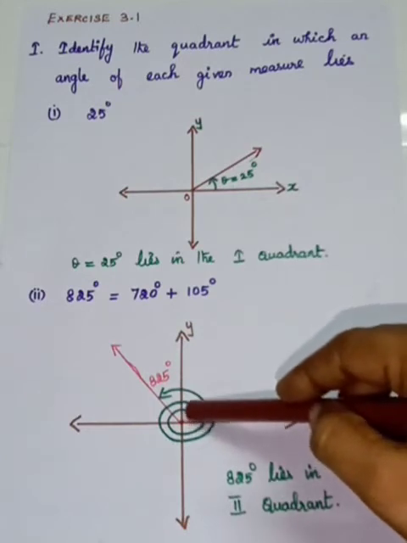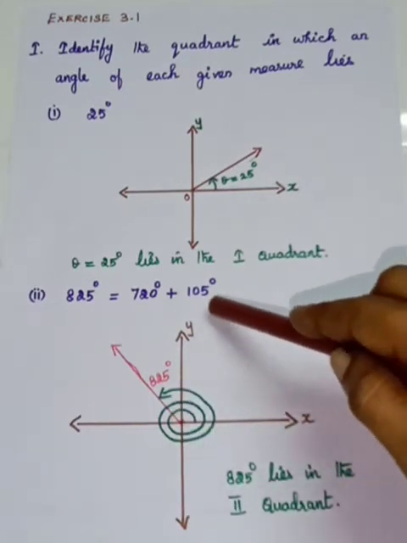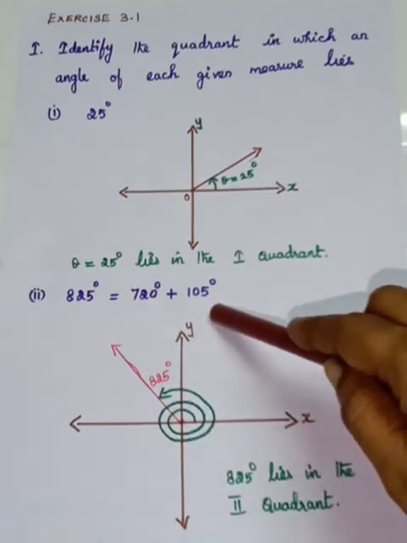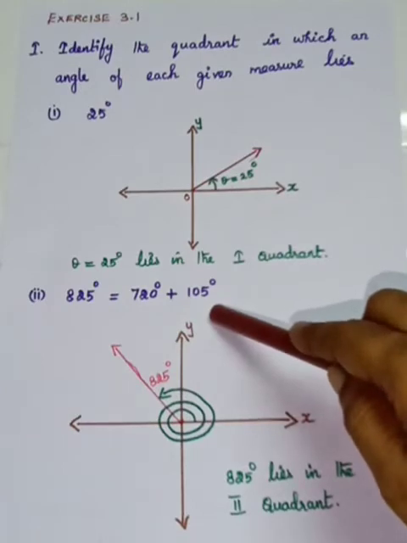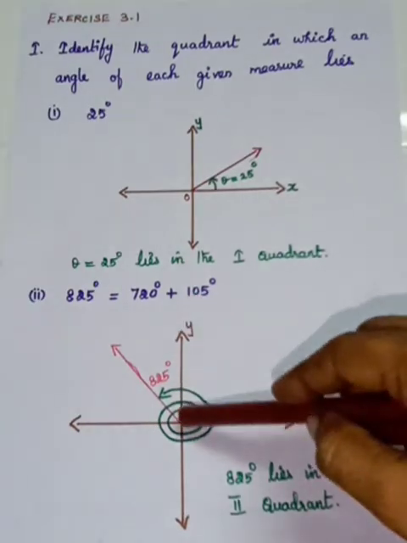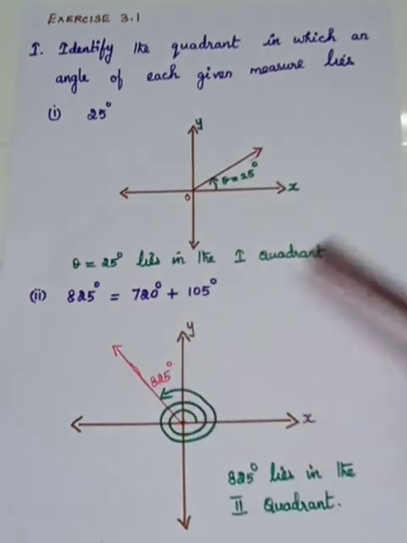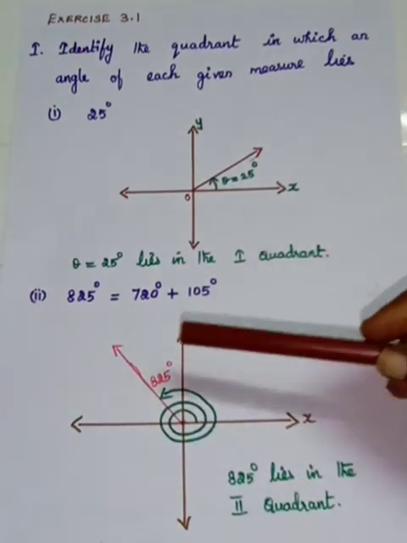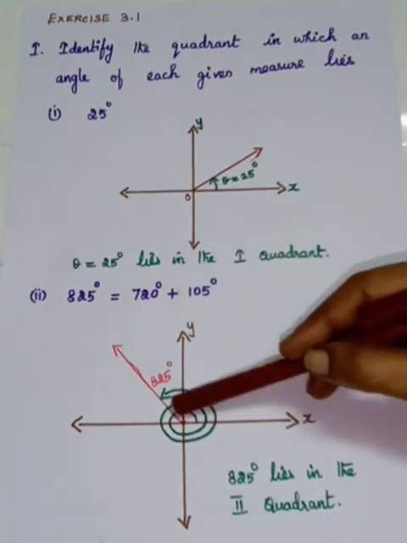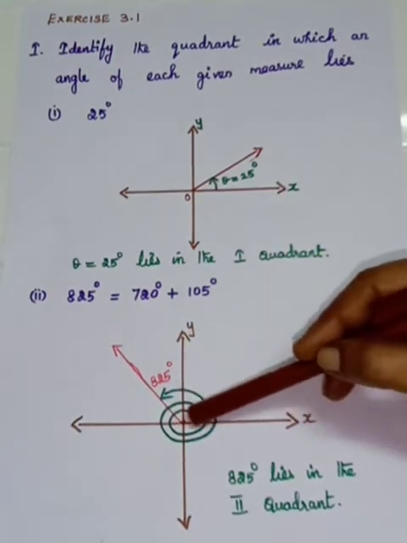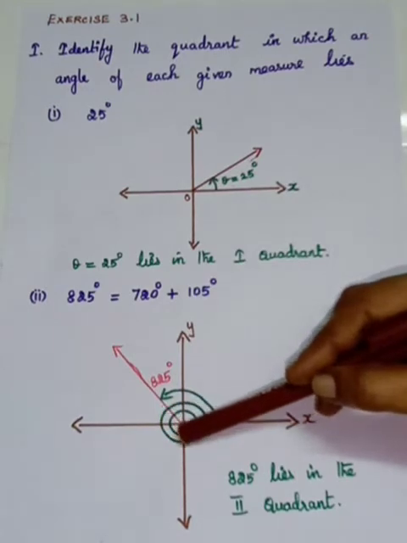So after making 2 complete rotations, how much do we have to move? It is 105 degrees in the anti-clockwise direction. So here O is the vertex and this is your initial side. Look at this, your first complete rotation from 0 degrees to 360 degrees is over.